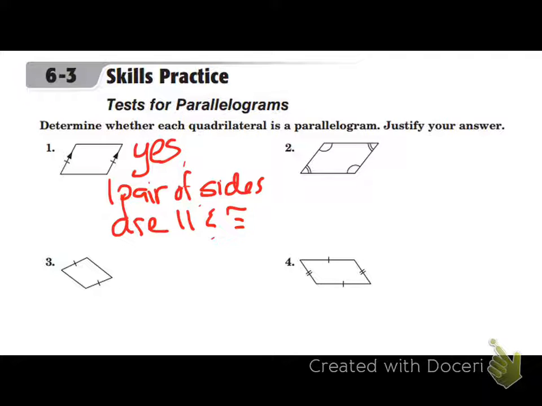By definition, yes. But by theorem, since one pair of opposite sides are both parallel and congruent, that means it's a parallelogram. Why? Both pairs of alternate angles are congruent. Correct.